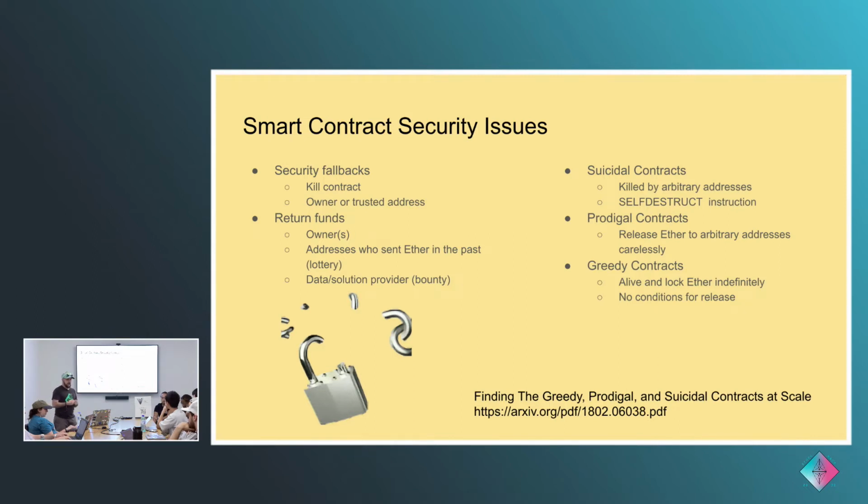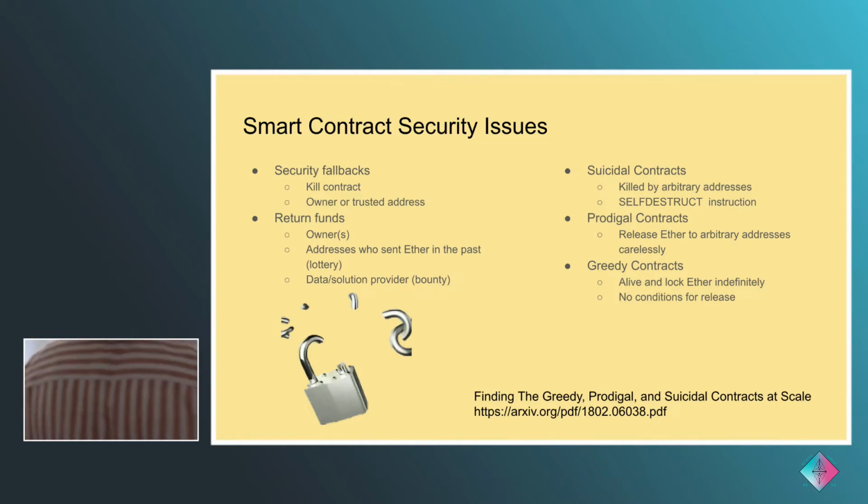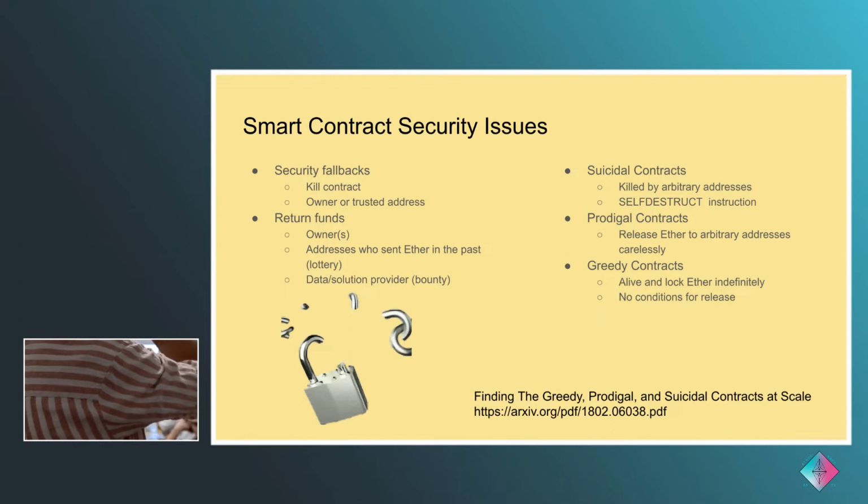One of those is a suicidal contract, which means that a self-destruct instruction can be called by an arbitrary address. Imagine anybody just happens to call this one opcode or function, and it kills itself off, and maybe you even get to set where the funds are returned. Probably not a good idea, right?